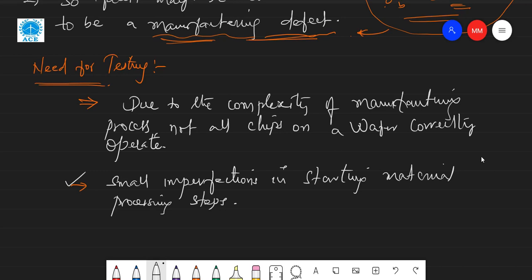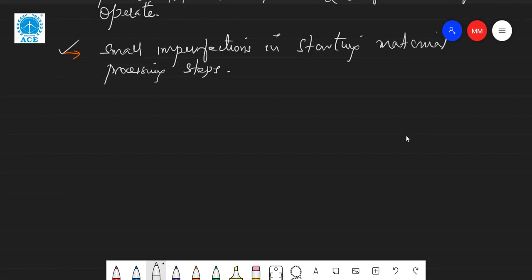In the fabrication process, we have photolithography, photo masking, and etching. In that, maybe it results in bridge connections or mismatched features or connections. So there we have a chance of getting faults.